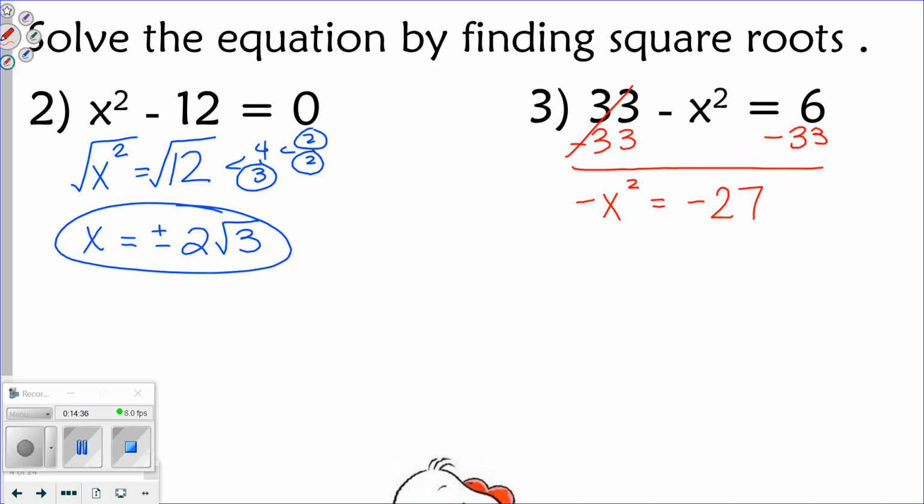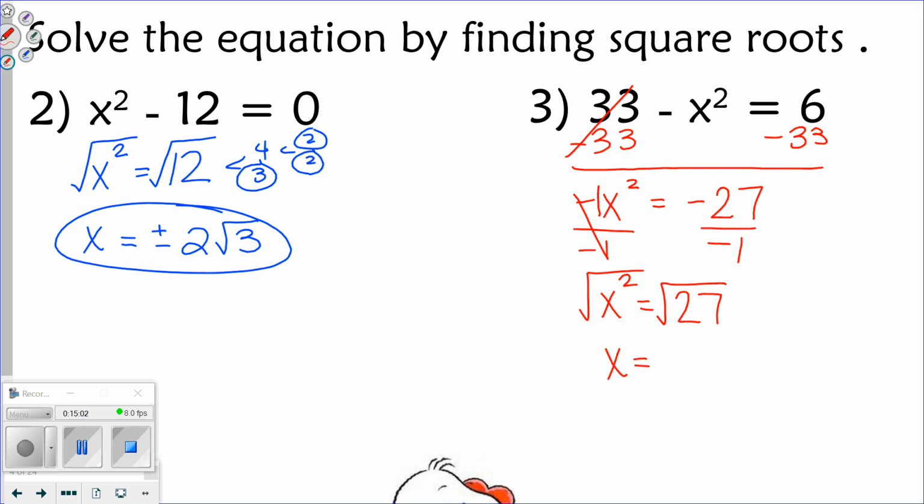Is my x squared by itself? No. There's a negative 1 technically sitting here. So we have to divide by the negative 1 to get it by itself. Negative 27 divided by negative 1 is positive 27. Once it's by itself, take the square root of both sides.